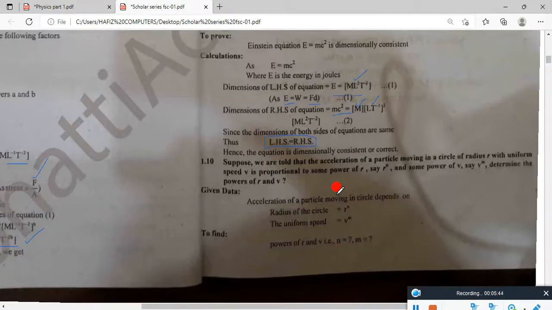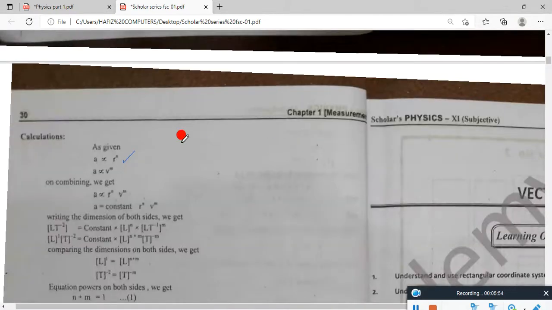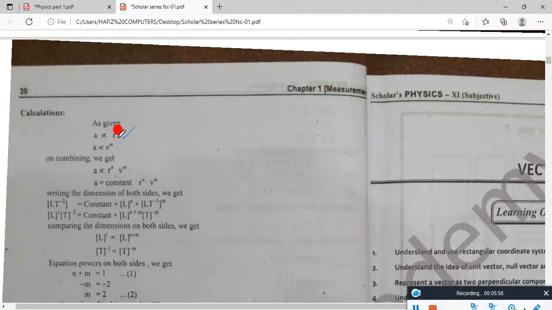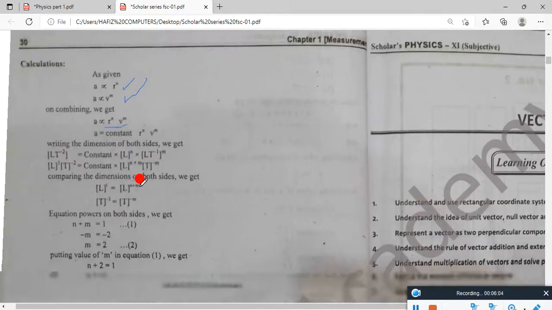In order to determine them, we write a is directly proportional to r to the power n, and a is directly proportional to v raised to the power m. Combining these, we get a proportional to r^n v^m.